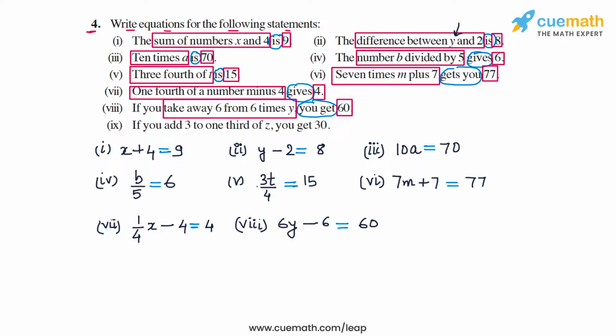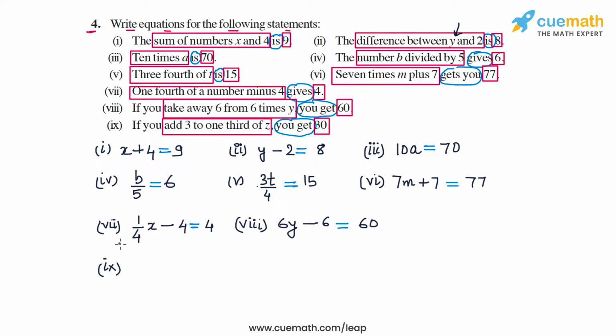And finally in part 9, the statement says if you add 3 to 1/3 of z, you get 30. So this becomes the equal to sign in the equation, and the LHS comes from add 3 to 1/3 of z, and the RHS is 30.